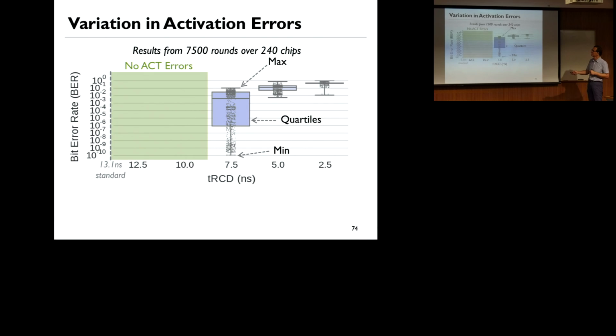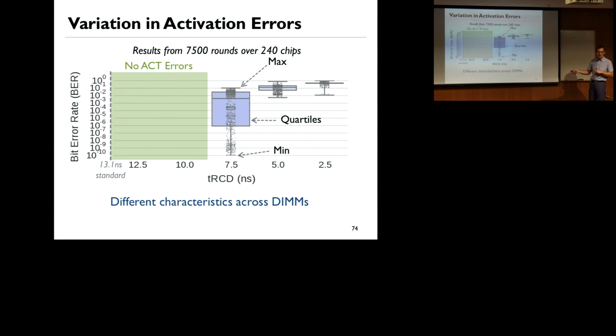Once we get to 7.5 nanoseconds, some chips fail a lot, some chips don't. Once you go to 5 nanoseconds for the activation latency, a lot of chips start failing a lot. And if you reduce it to 2.5, pretty much all of the chips fail. That's a very high bit error rate, about 1 out of 100.